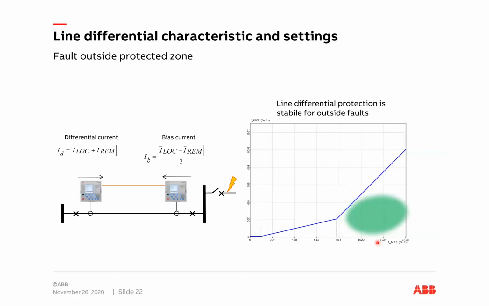And we might also have some partly saturated CTs, which will also result in a measured differential current. But the important thing here is that for outside faults, the currents in this diagram should be below the characteristic here.